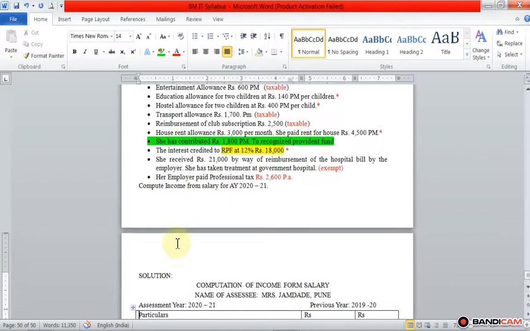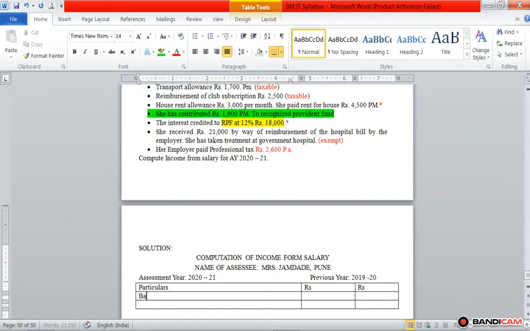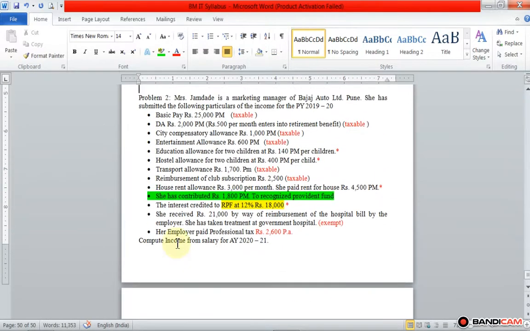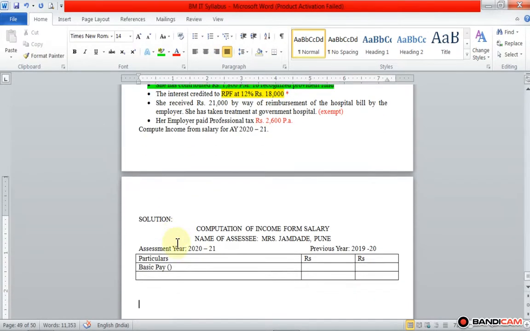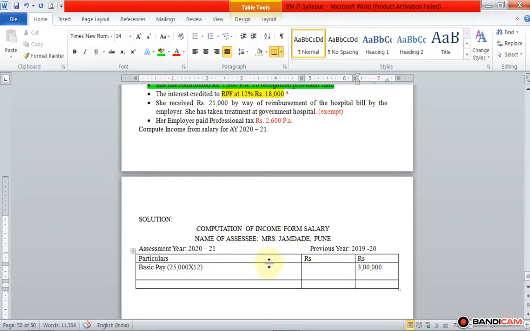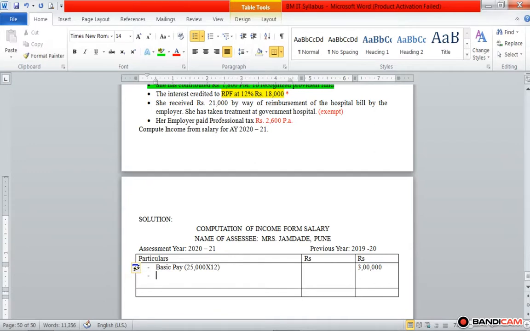First point is basic pay, that is amounting to rupees 25,000 per month. So we compute salary for the whole year. Here 25,000 per month multiplied by 12, that amounts to rupees 3 lakh, the basic pay.